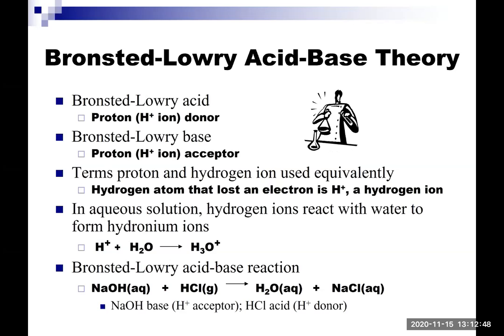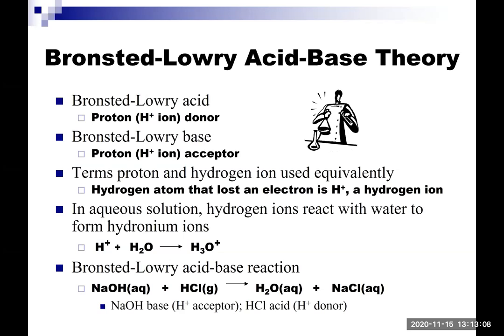Bronsted-Lowry are two scientists who were doing research on acid-base chemistry as well and derived a theory. And their theory went beyond having a base that's composed of a compound containing hydroxide, so that other bases could be incorporated into the acid-base theory.